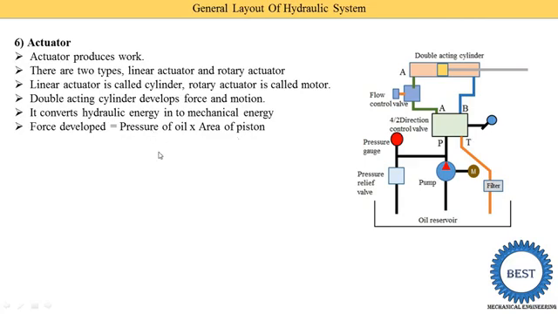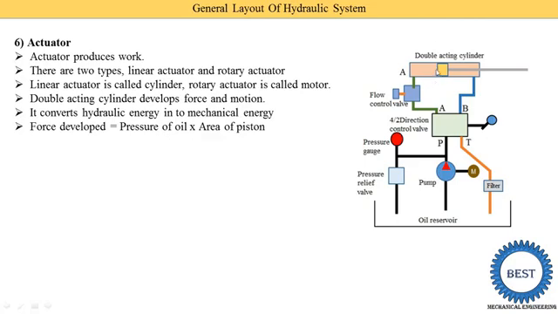Here we see that the force developed is directly proportional to the pressure and the area. So if we increase the area, force is increased. If we increase the pressure of oil, the force is increased. By increasing the pressure of the oil, we are able to achieve more force. Suppose we require more force, we have only one option: to increase the pressure of the oil.